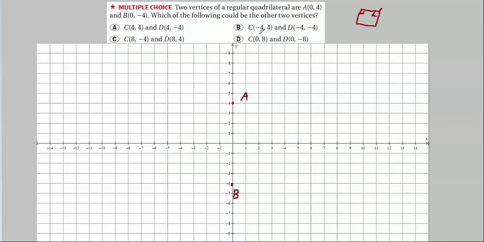Instead of drawing the first quadrilateral that occurs to you, like I did, let's take a look at the various points and see if they make any sense. That would be another way to do it. What about the point 4, 4? Well, let's see here. We got 4, 4 here. Pardon me, that's minus.